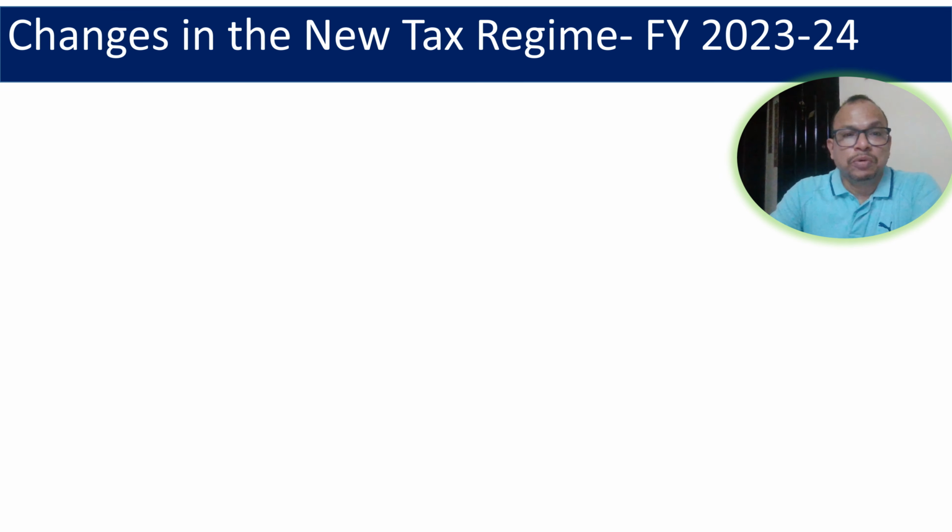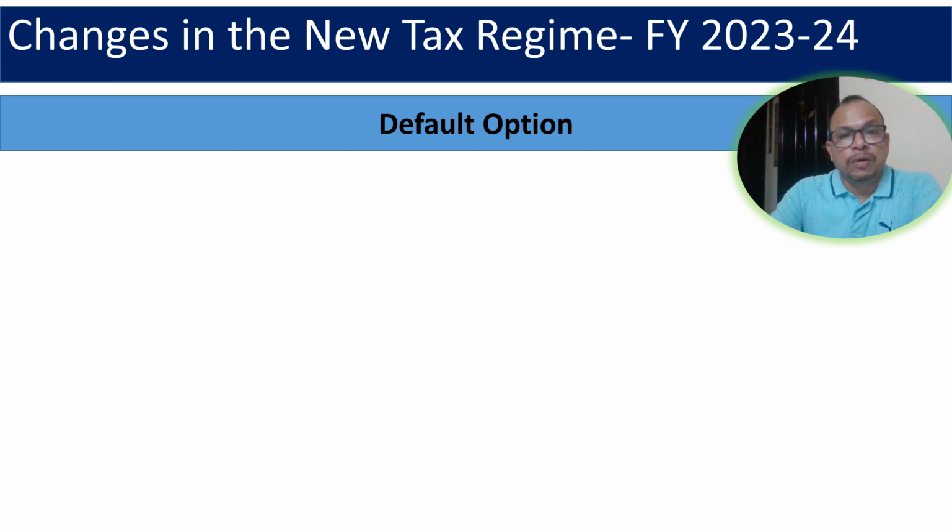So basically, what are the changes in the new tax regime for the financial year 2023-24? It will be effective from 1st April 2023. The major change introduced is that it will be the default option unless and until the employee chooses the old tax regime or the new tax regime.